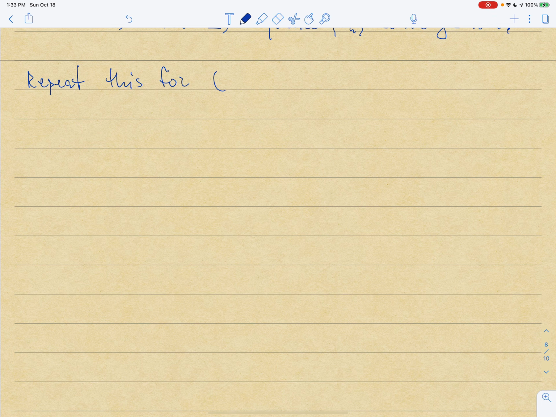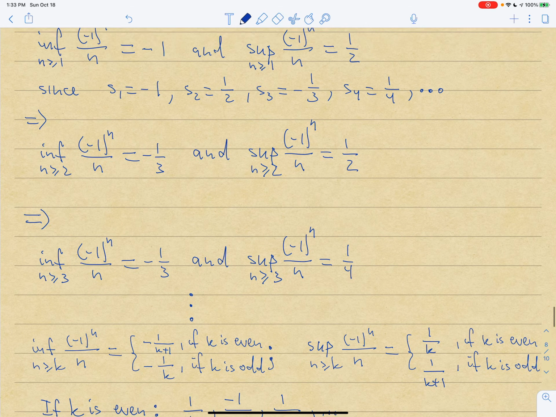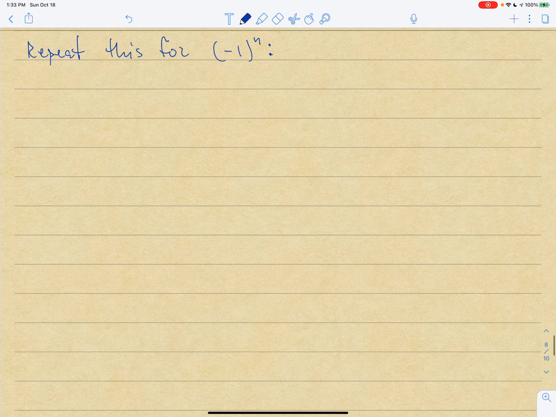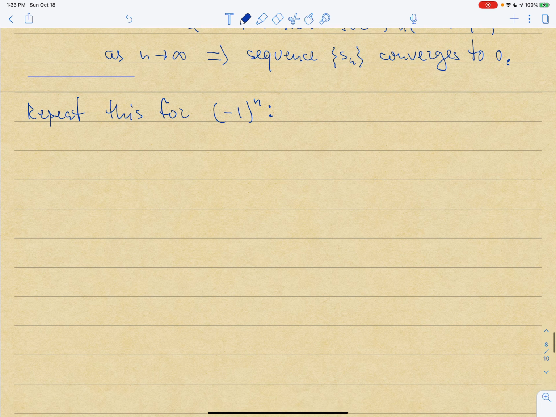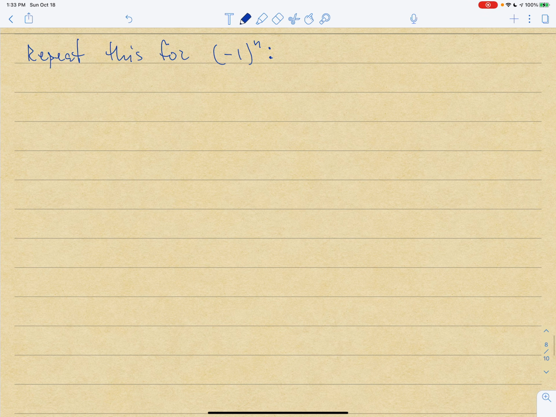For just minus 1 to the n. So what I have in this case, I will need to take infimum, well, actually, let's do it in the same way as before. What if I take a supremum of the entire sequence?